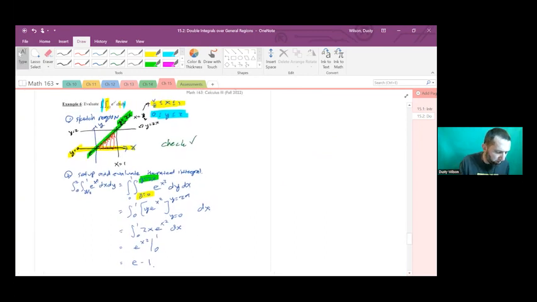So as I foreshadowed in a previous lesson, we were able to take an integral that was impossible to evaluate one direction, change the order of integration using Fubini's theorem, and it turns into a pretty easy to evaluate integral.